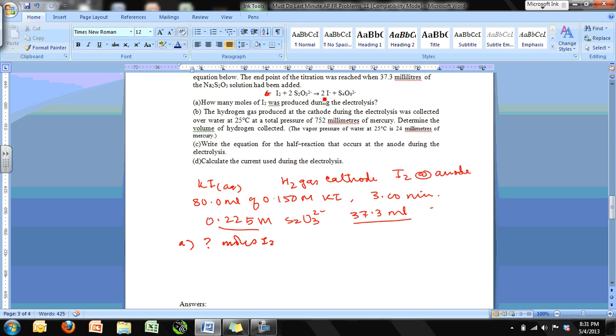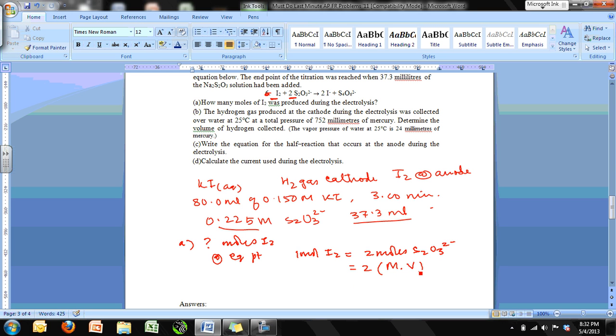Now if you look at this balanced reaction, you know at equivalence point 1 mole of iodine is equal to 2 moles of S2O3 2 minus. How do you know that? You know that by looking at the mole ratios of the balanced equation here. And how do we get moles of S2O3?